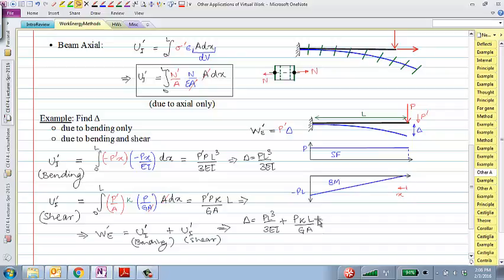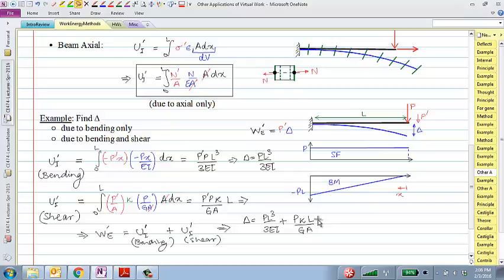Okay. So you can see that it's relatively simple to apply this principle of virtual work even to complicated cases of shear deformation, which you were not able to do earlier, but it's just as easy to do as the bending deformation cases with the principle of virtual work, right?